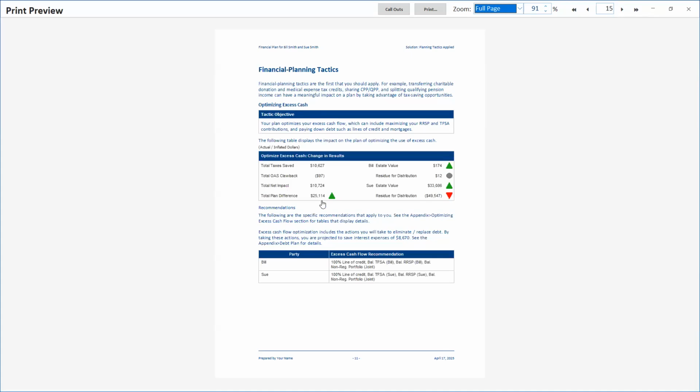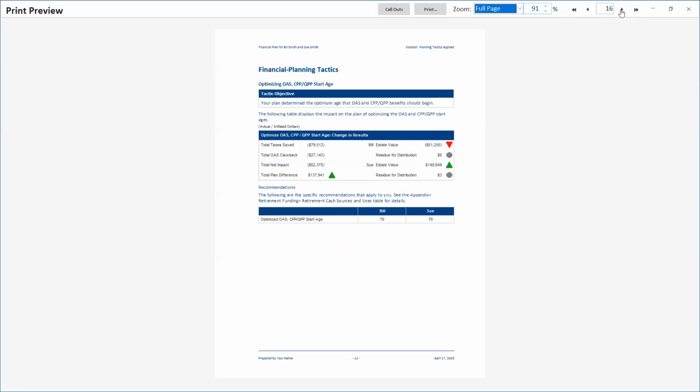So the excess cash tactic ultimately had an impact of $25,000. Shows where the excess cash is going. It does not show an itemized table. Instead, what it says is go to the appendix to see the itemized table. So we wanted to keep the body of the report light, not tables and tables of numbers.